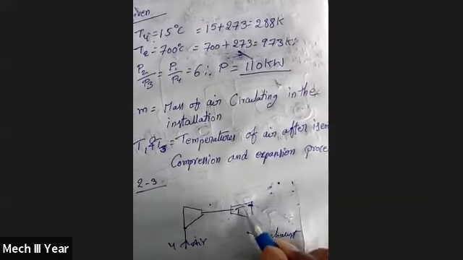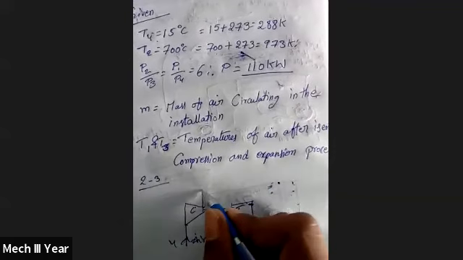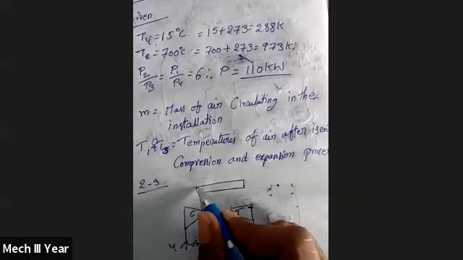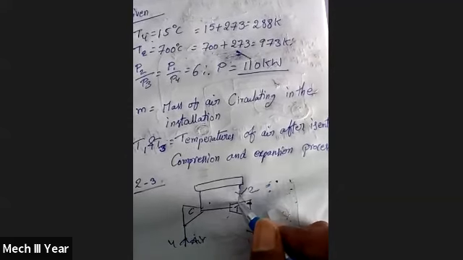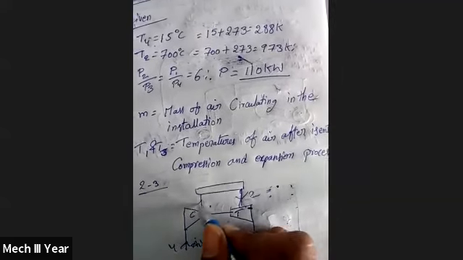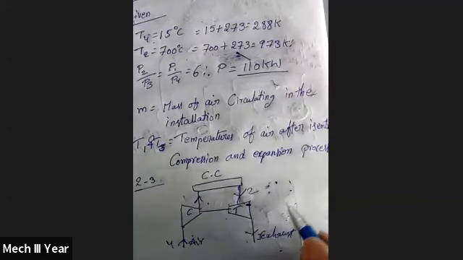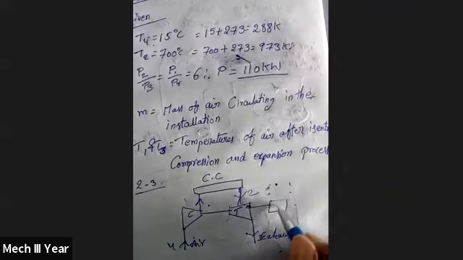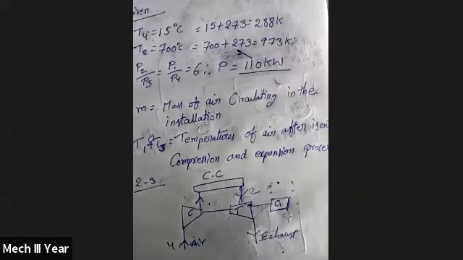We know very well this is the turbine and this is the compressor. The cycle here we are going to fix: combustion chamber CC. Now this is the generator.